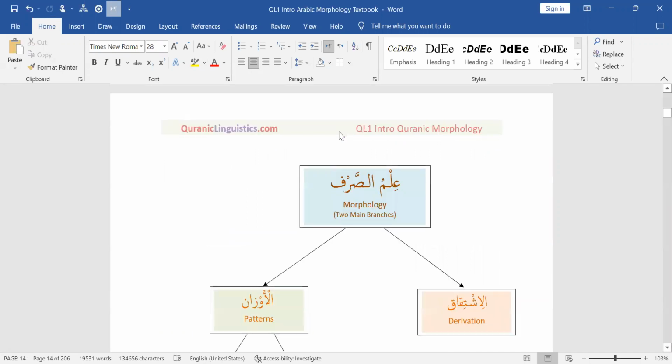So without further ado, let's get into the first lesson in this textbook. The first lesson in this textbook is what I call the morphology tree.